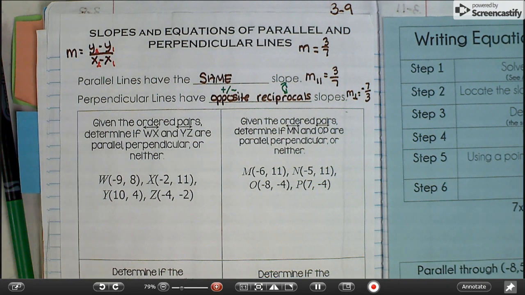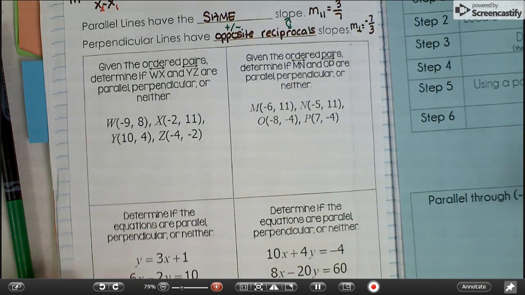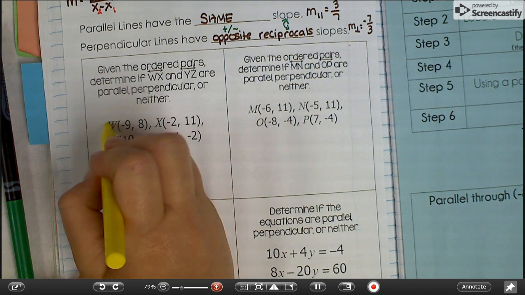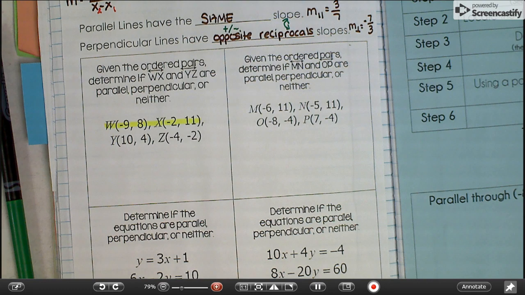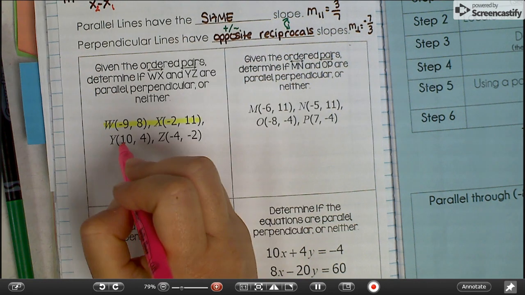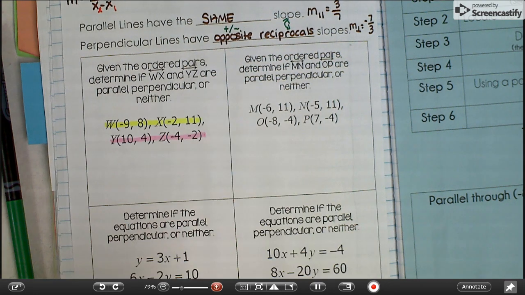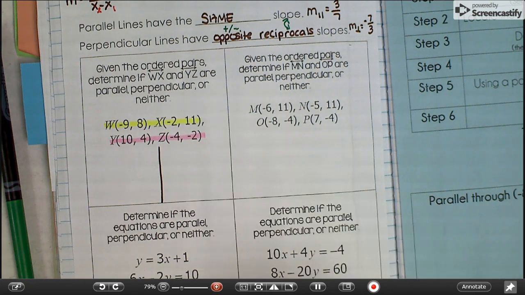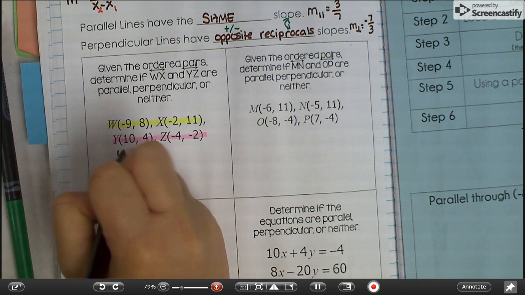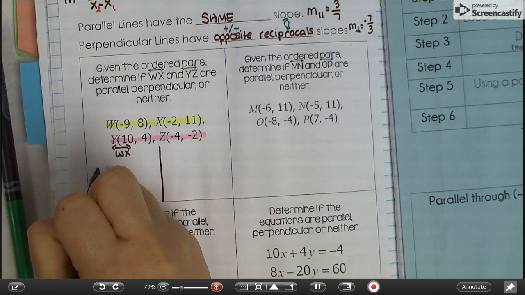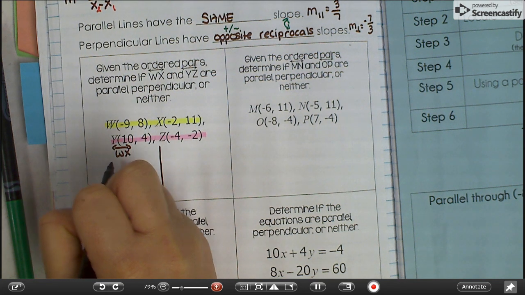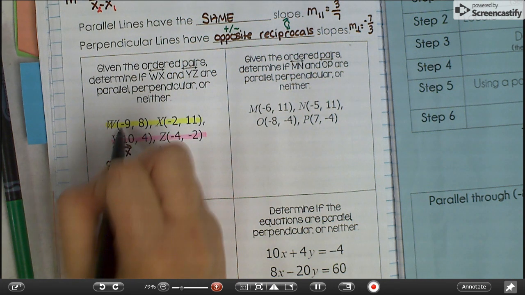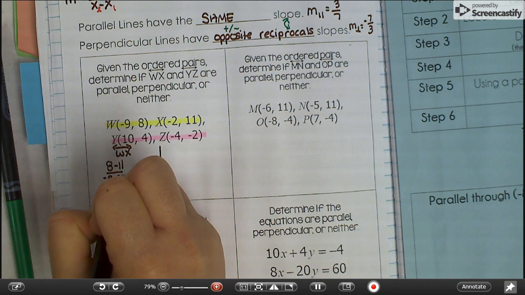So we're going to look down here at these examples and decide whether the slopes are parallel, perpendicular, or neither. So we have this segment, WX, actually line, it has the line symbol up there, and that line down there. And I'm just going to do the slope formula twice so we can compare. For WX, we have the slope is y minus y, so 8 minus 11 over x minus x, -9 minus -2.